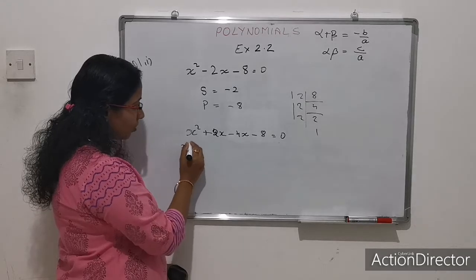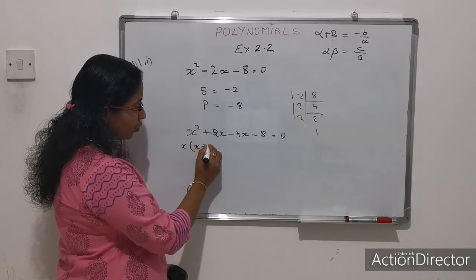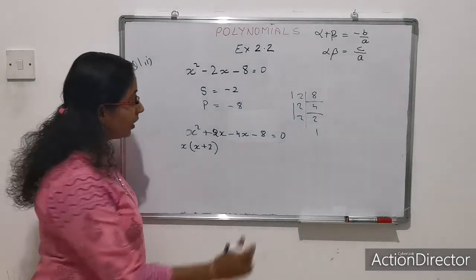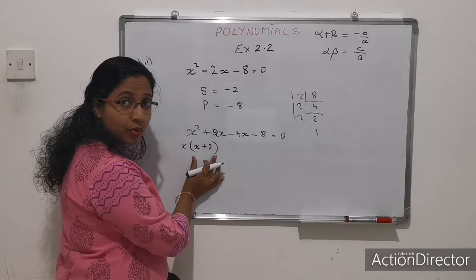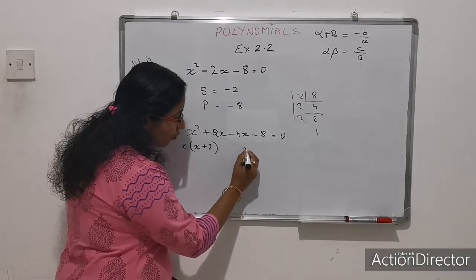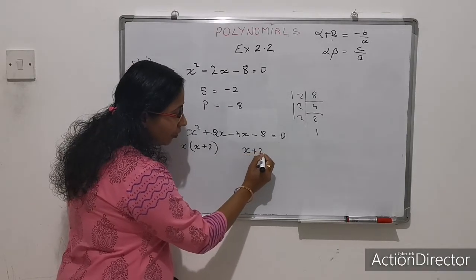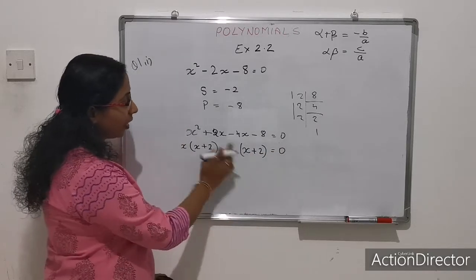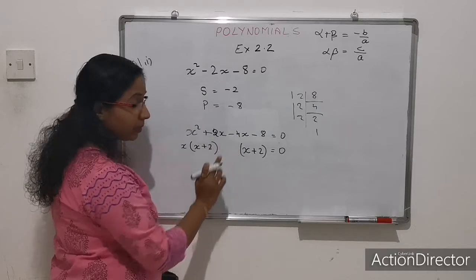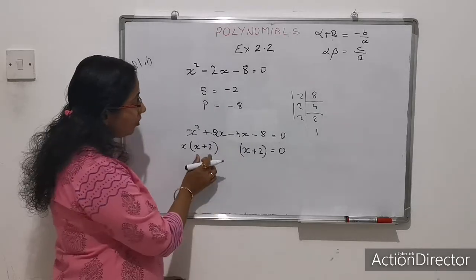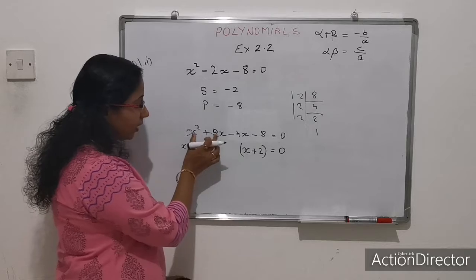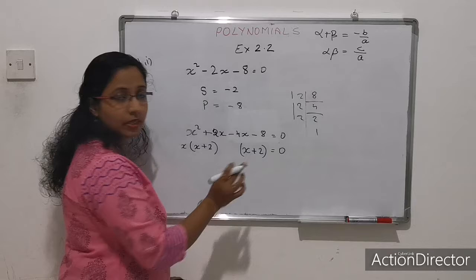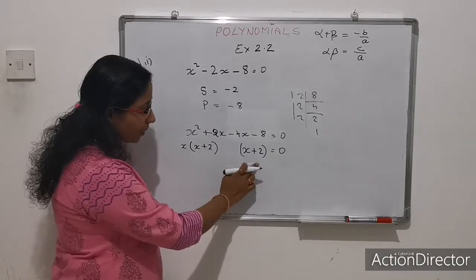So this is our equation. Now I will take x common. This becomes x plus 2. Right? Now try to write the same x plus 2 over here, so that you will not make mistakes in sign. If your middle term splitting is correct, then when you are taking the common in the second pair, you should get the same thing, x plus 2, x plus 2.